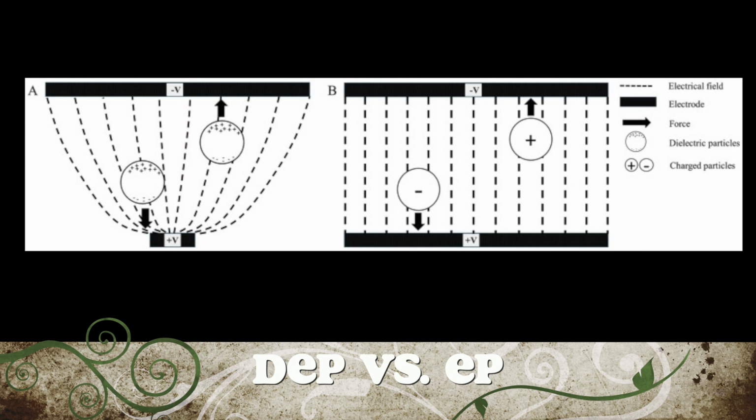If the particles move towards the electrode edge, the region of a high electric field gradient, then the response is called positive dielectrophoresis, the PDEP. Well, if the particles move away from the electrode edge, then the response is called negative dielectrophoresis, the NDEP.